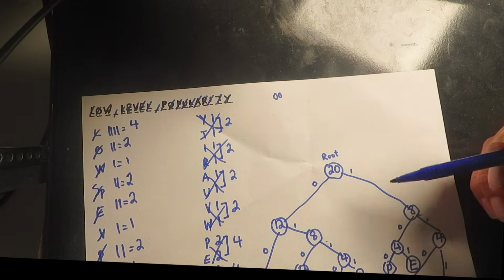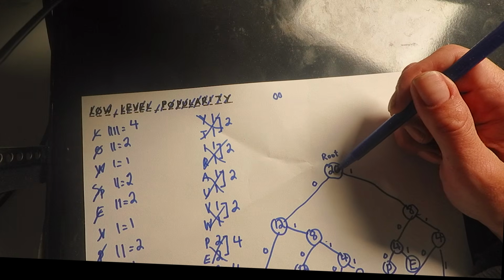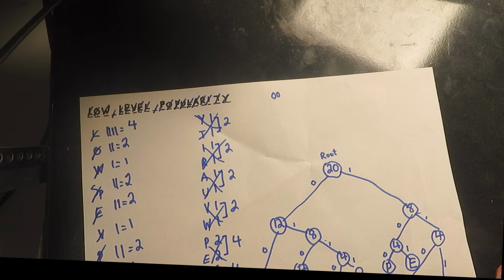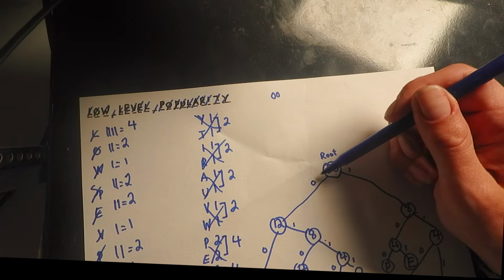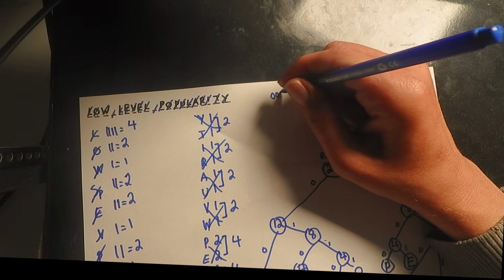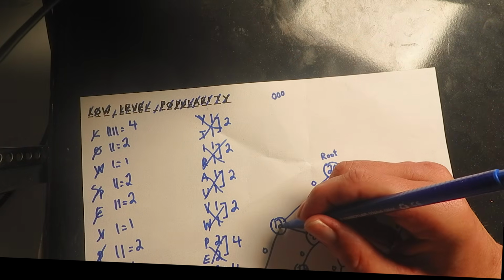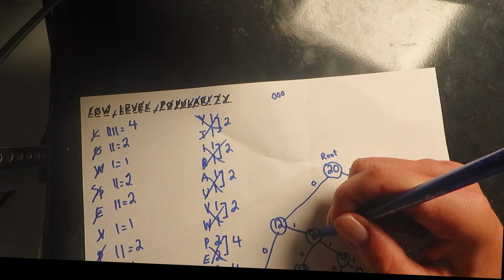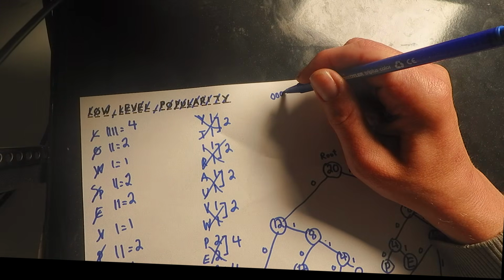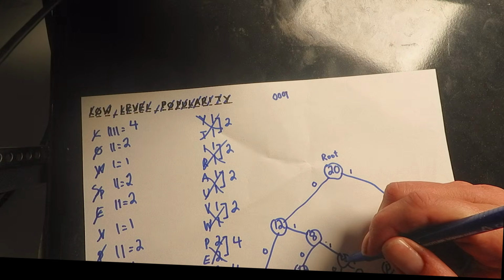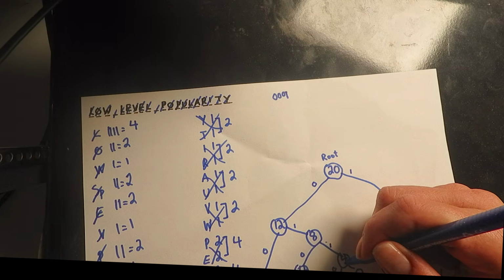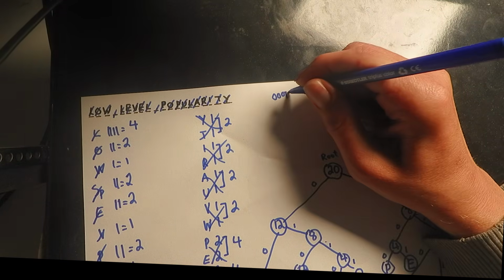So this time we want an O. So we go back to the root of the tree. And where is the O? It's here. So we start by going left with a 0. Then we go right with a 1. And then we go right again and right again.